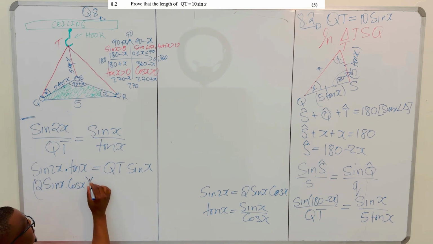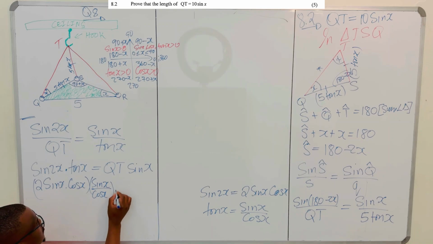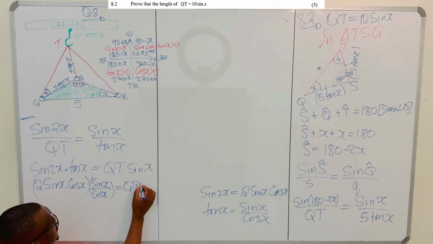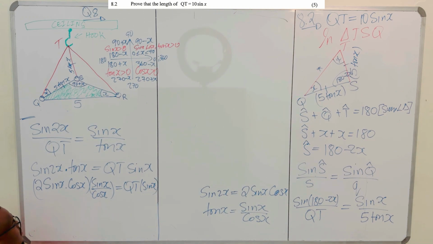What is the tangent of x? The tangent of x is equal to sine x divided by cos x, which was on the right hand side. So you'll see that this and that go away. So on the left hand side, you're left with 2 sine squared x is equal to... something is not okay.